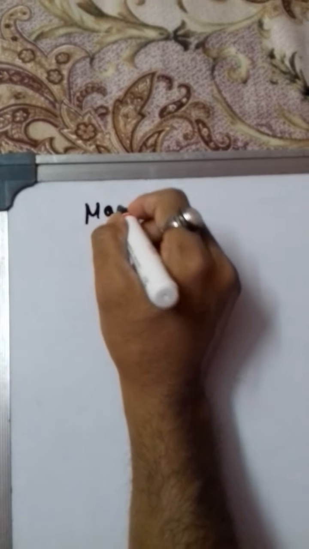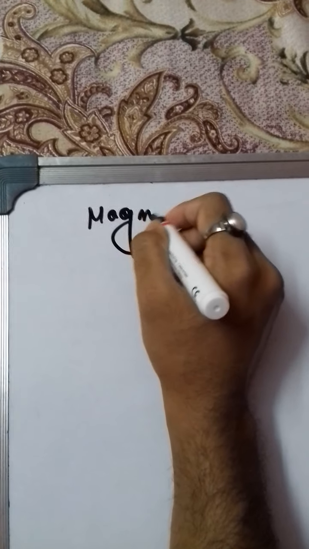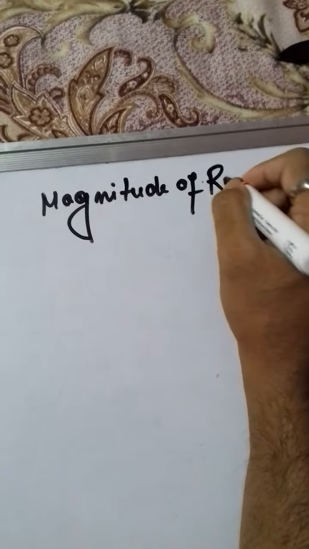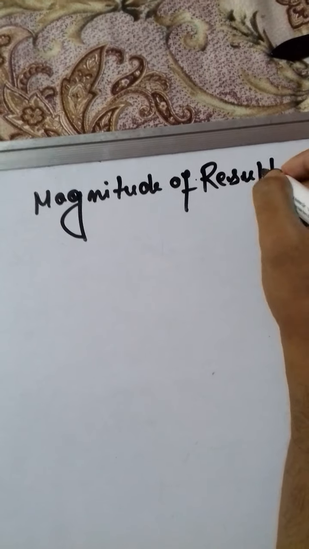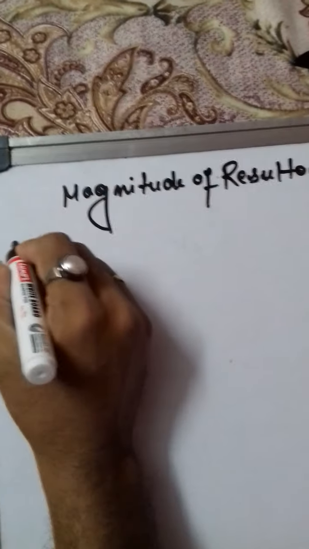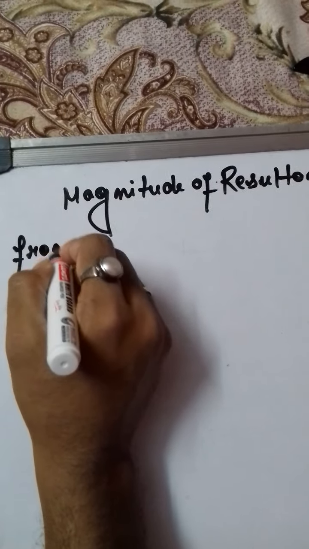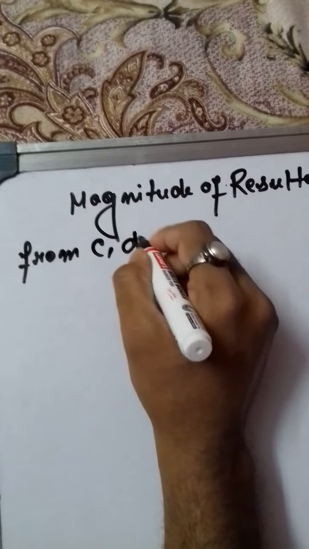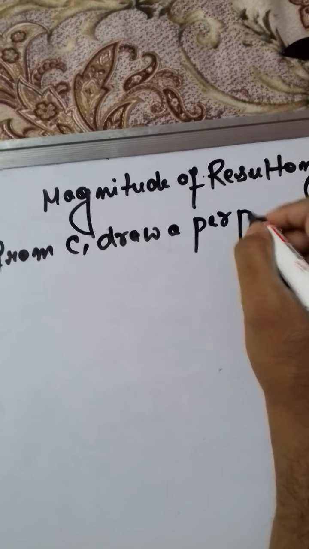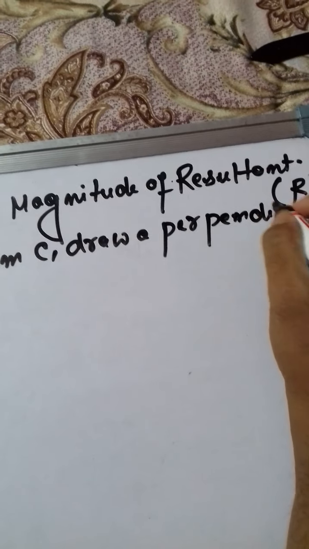Okay, now see how to calculate the magnitude of resultant, that is R. We need to find out what is the value of R. Okay, write down. From C, draw a perpendicular like what we have done in the figure.